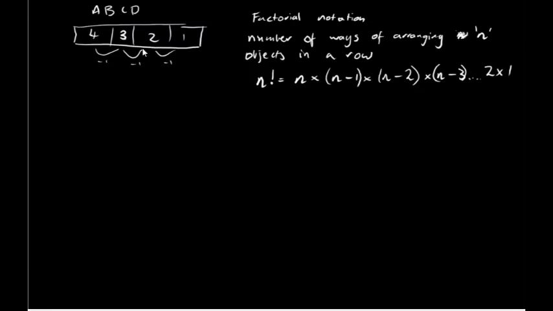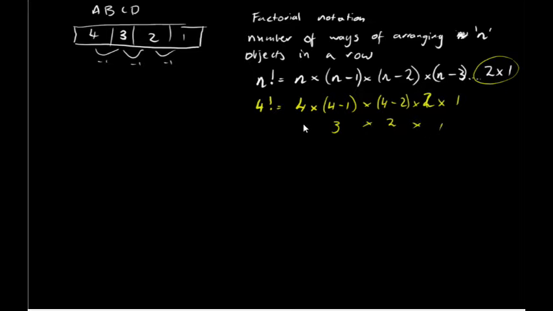For this one, our original number was 4 in total, so we're looking at 4 factorial. It was 4 times the next one, 4 take 1 gave us 3, then 4 take 2 was the 2, and then it's just 2 and 1. We always have 2 and 1 at the end. So 4 times 3 times 2 times 1 is what we had. That's factorial notation.